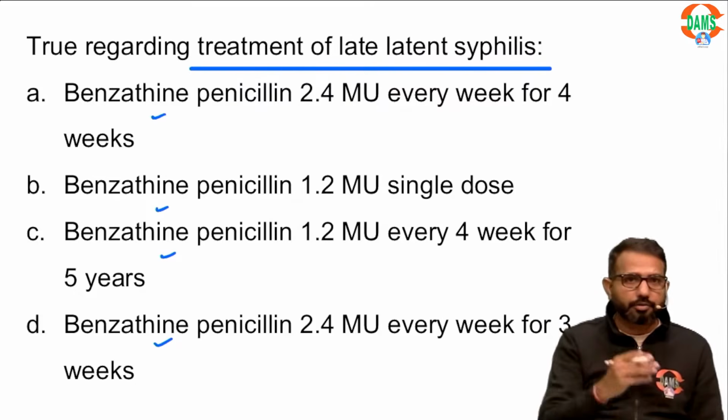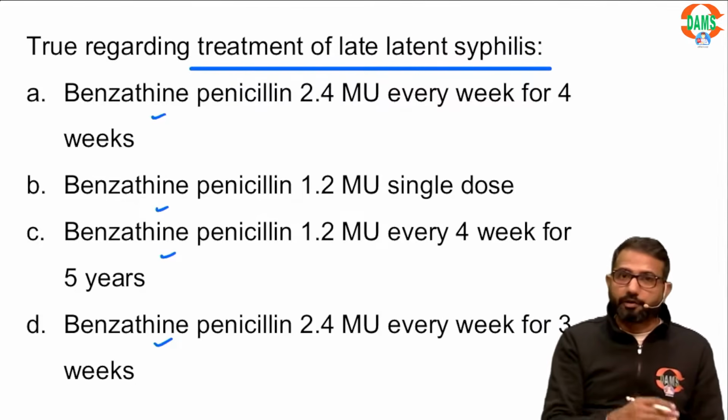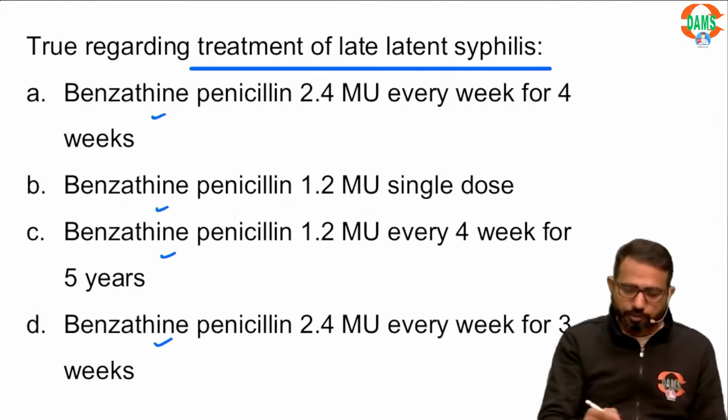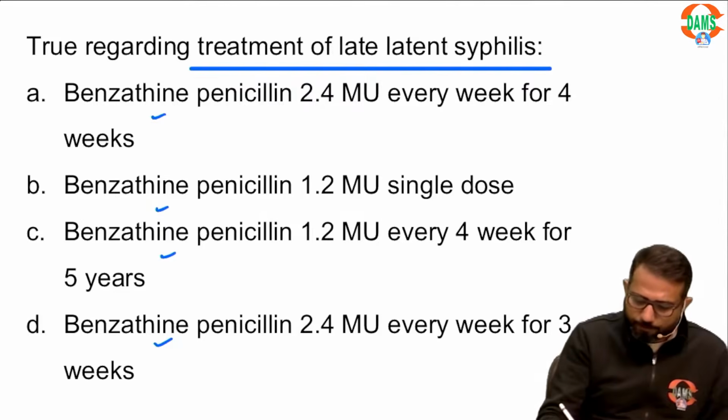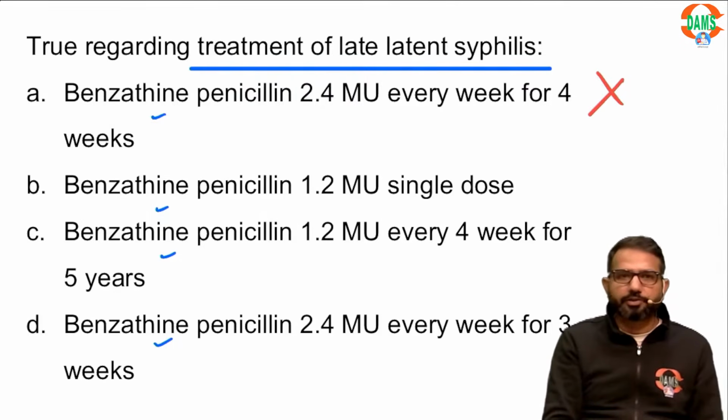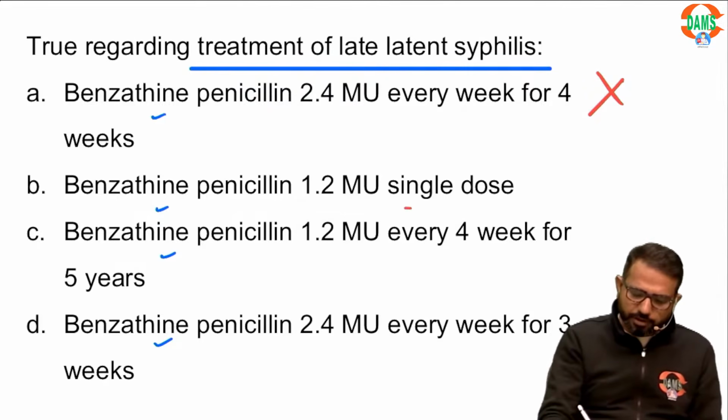Now, what about the dose? Single dose, weekly dose, or every 4 weeks? Every 4 weeks, no, that is for prophylaxis of rheumatic fever. Benzathine penicillin single dose, is this true?